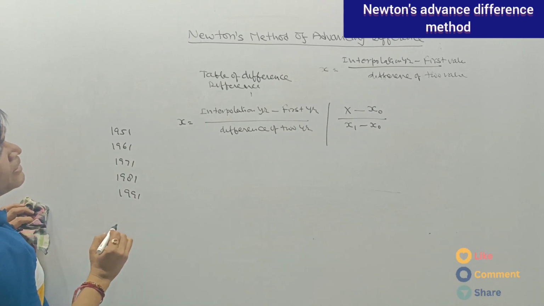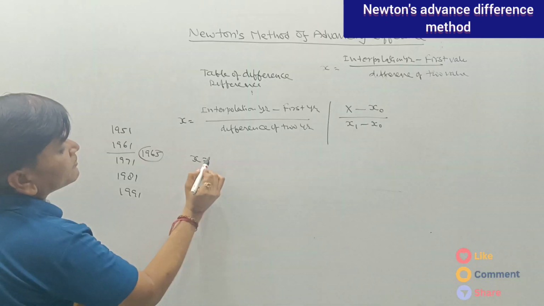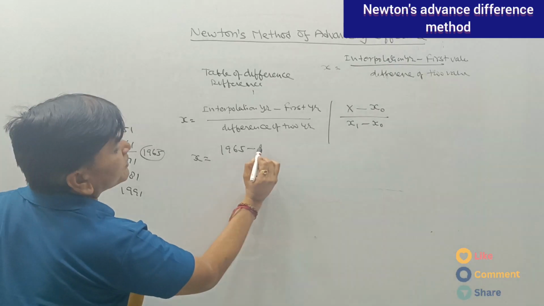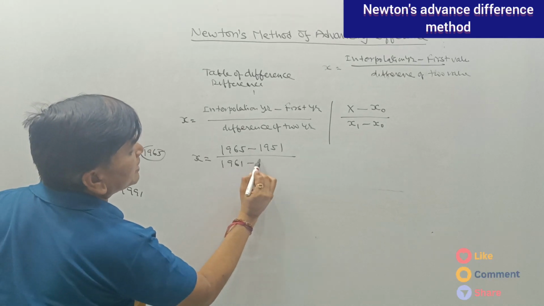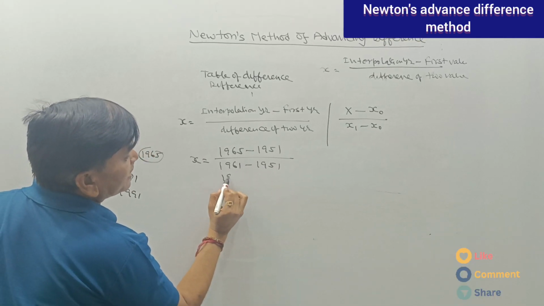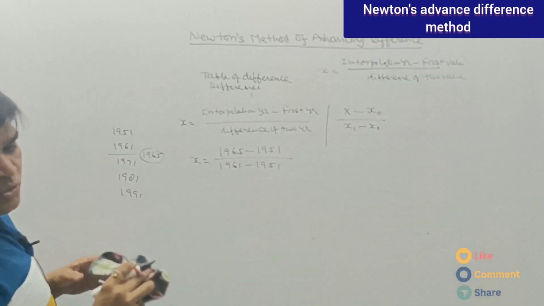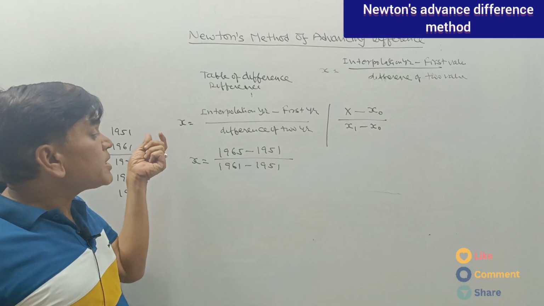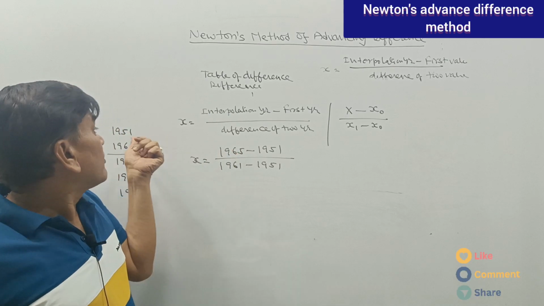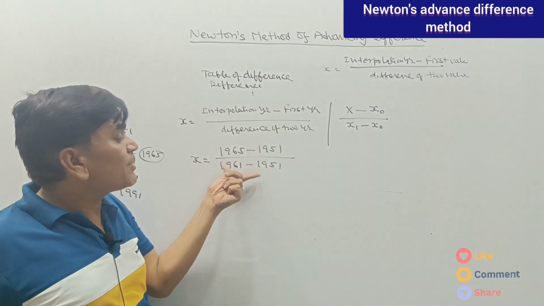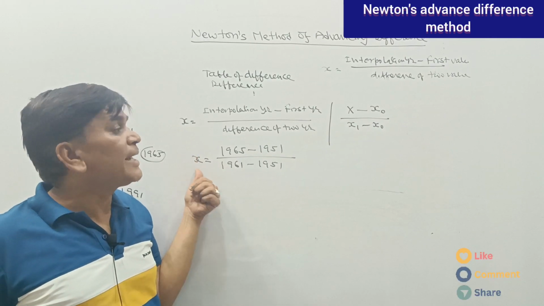If they ask to calculate for 1965, the value of x will be 1965 minus the first year 1951, divided by the difference of 2 years, 1961 minus 1951, or we can write 1971 minus 1961, any. So first, for whichever year we want the interpolation, we write that minus the origin year, divided by the difference of 2 years. This value is called the x value.